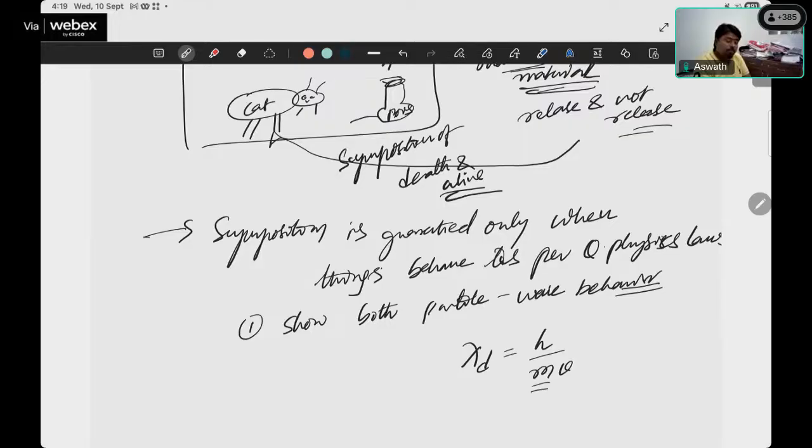giving, if the mass of the particle is small and the velocity is reasonable, then 10 to the power of minus 34 is in the numerator. The mass of the particle, let's say 10 to the power of minus 31 kilogram, and the velocity is some meters per second. In that case, I will get a measurable wavelength of about 10 to the power of minus 10 meter, which is the angstrom.